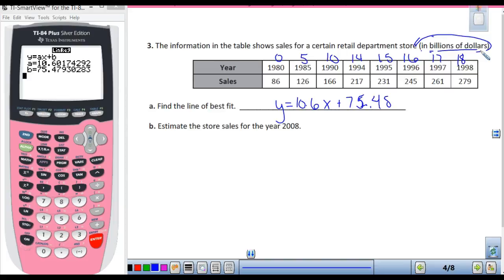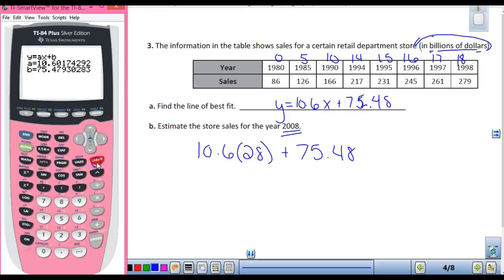Guys, so year 2008 is how many years later? 28 years later, good. So we've got 10.6 times 28, and we've got to add our 75.48 to that.